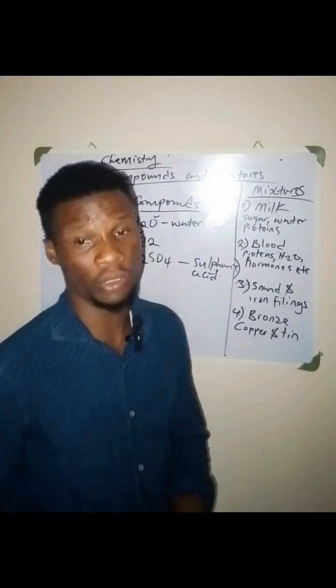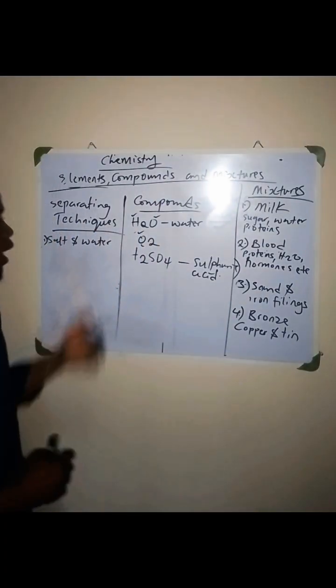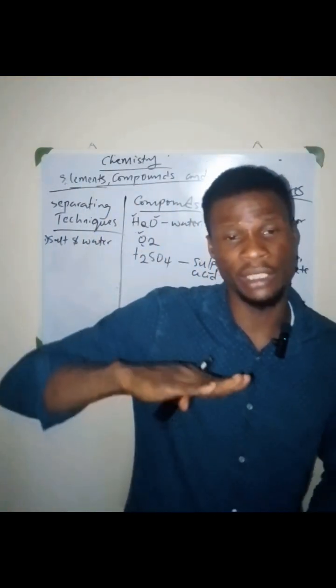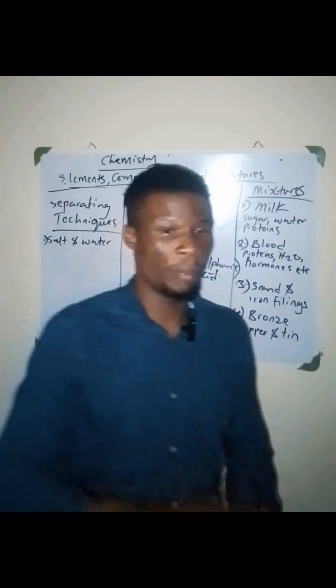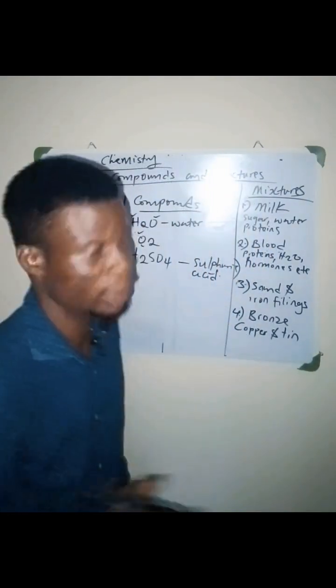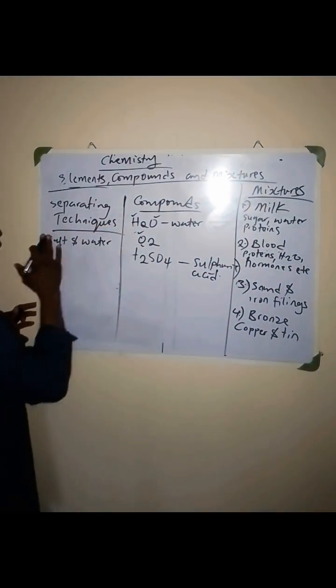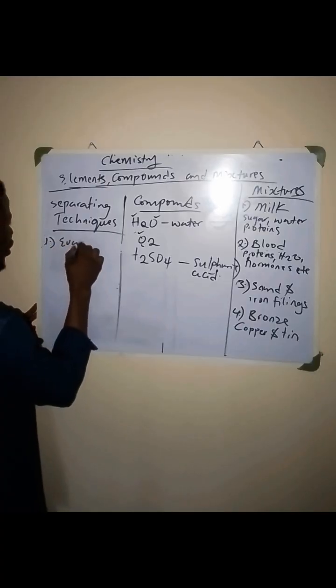How can you separate a mixture of salt and water? You can use a physical process like evaporation to dryness. We can heat the mixture of salt and water, and then the salt will remain while the water evaporates. So we can separate them by evaporation.